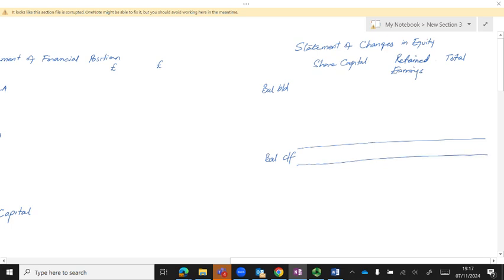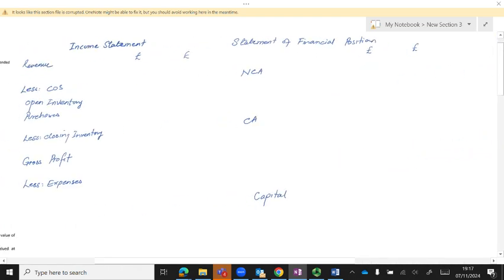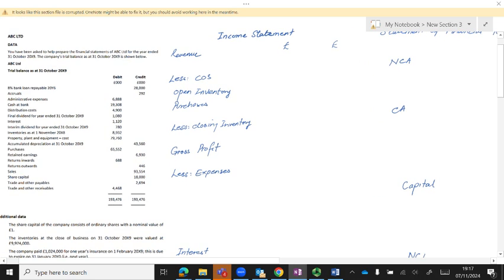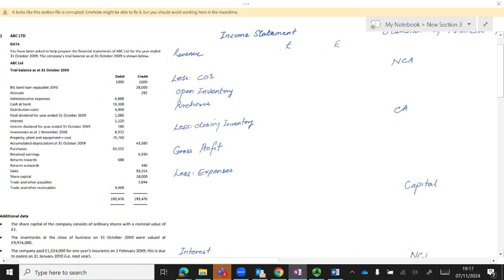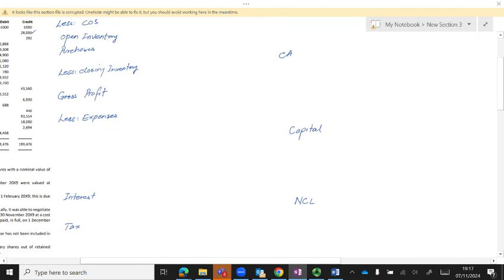Next step is to pick up the figures from the trial balance and record them in the relevant format. So you can see that the first item I have is a loan of 28,000, 8% loan.